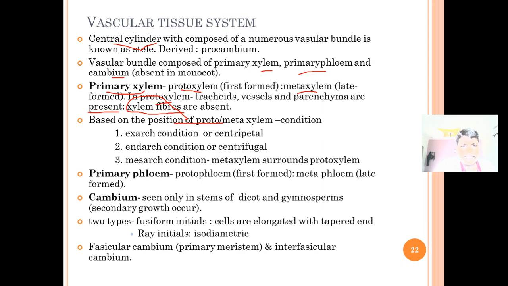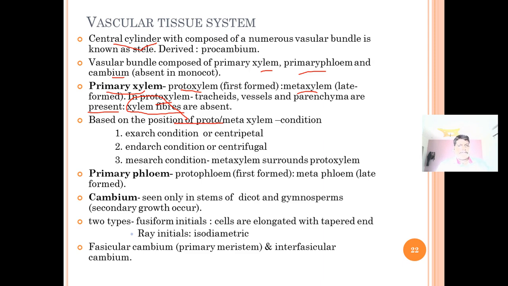In the exarch condition, the protoxylem points towards the periphery of the stele, always away from the center. In the endarch condition, the protoxylem points towards the center. In the mesarch condition, the metaxylem surrounds the protoxylem.